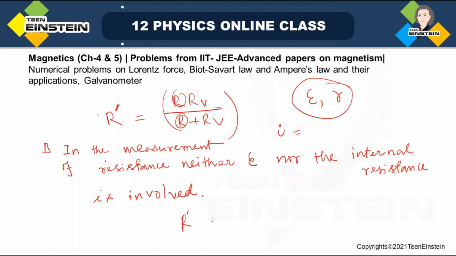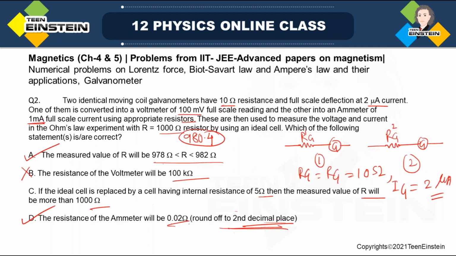That is, R prime will be 980.4 ohm, which we have already calculated and shown you. So this much only. It is not like if the cell is not an ideal cell, that means there will be some internal resistance, in that case also the expression for the measurement of resistance from Ohm's law will not change.